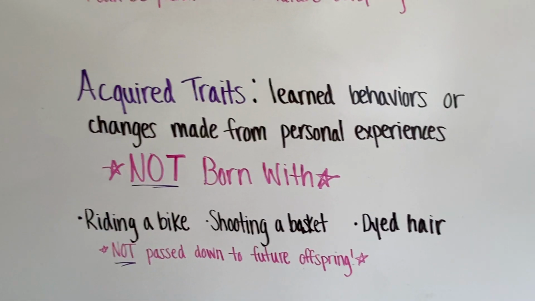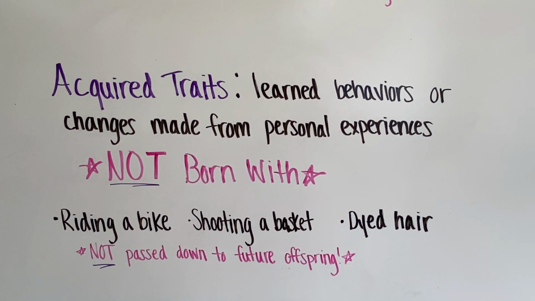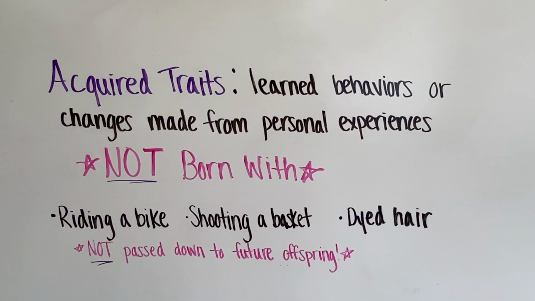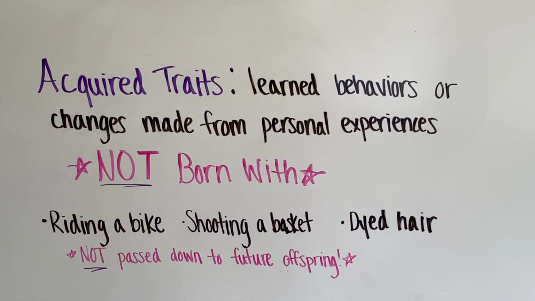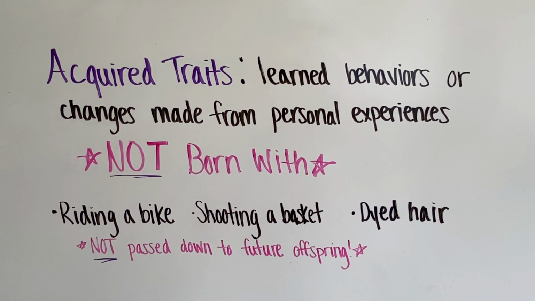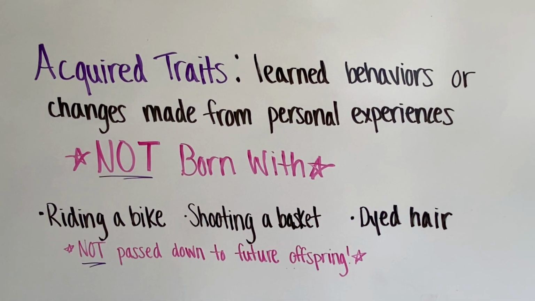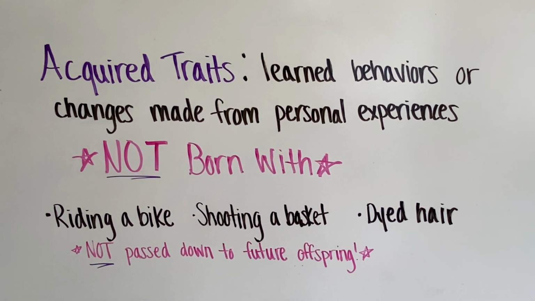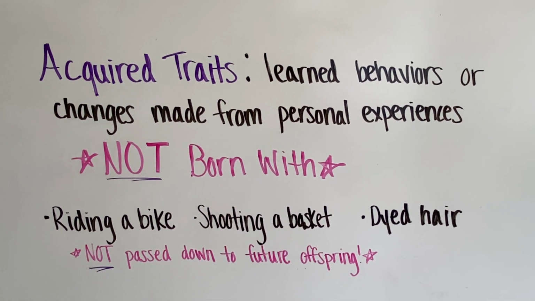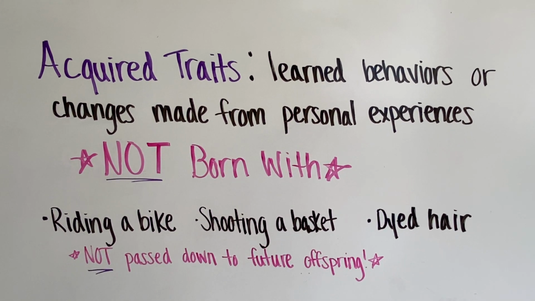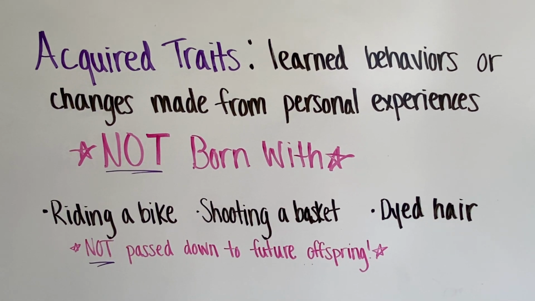The other type of trait is the acquired trait. Acquired just means to gain or to get. So this is something that you gain throughout your life. This is either a learned behavior or skill or something that you've actually changed personally or have a personal experience with. So you're not born with these types of traits.